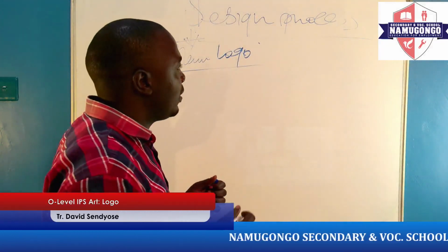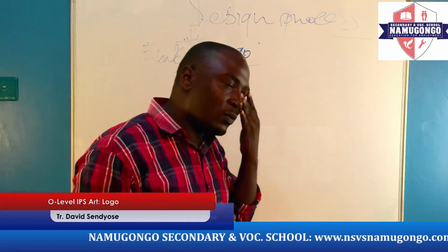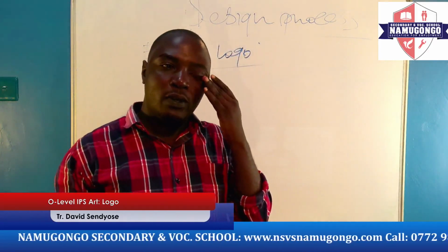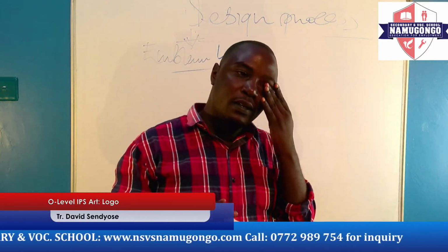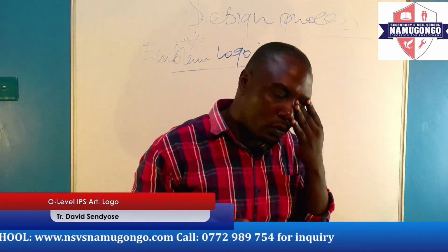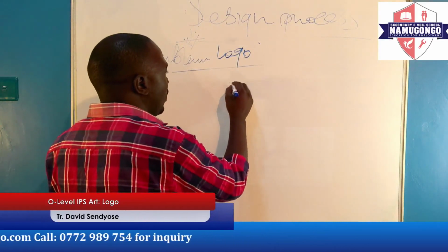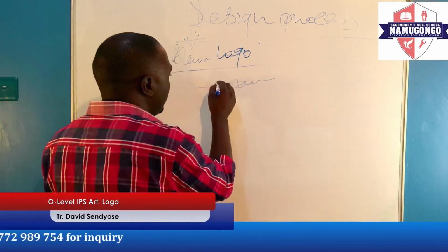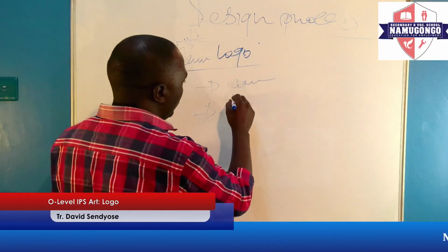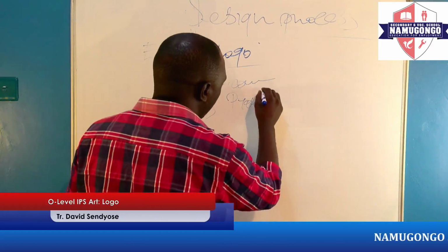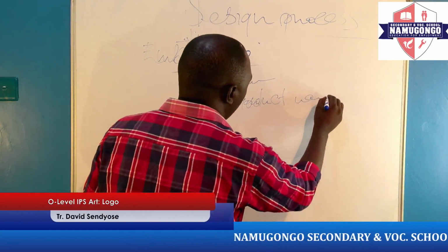When you're told to design an emblem logo, what do you start with? That is the question we have to respond to. You have to know that a logo must have, 1, the icon. 2, must have the product name.